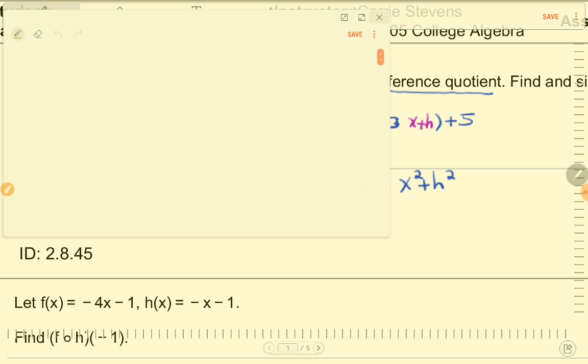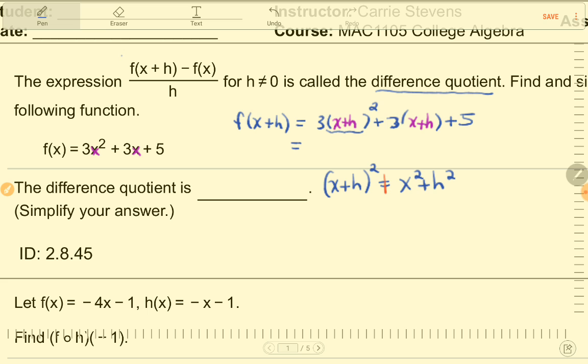However, it doesn't work like that with exponents. What this actually means is x plus h times a copy of itself. And then you would use distribution, or what we sometimes call foiling, first, outer, inner, last. So that would be, x times x is x squared. X times h is xh.